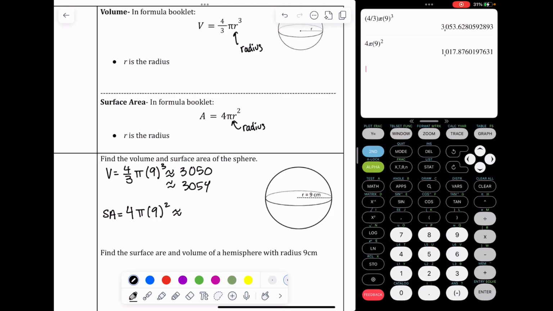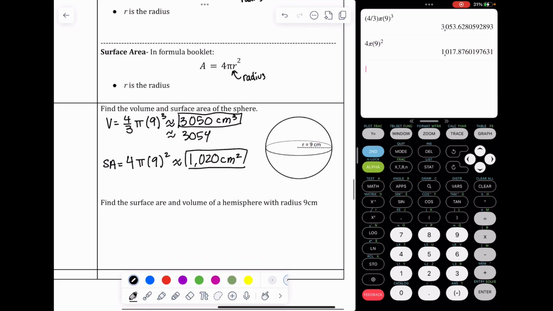There we go. So we've got 1,020 if we're rounding to 3 sig figs, and I've got to get units on both of these. Surface area is a 2-dimensional measurement, so centimeters squared. And then our answer from above is a cubic measurement, since volume is a 3D measure. So we got that one there.